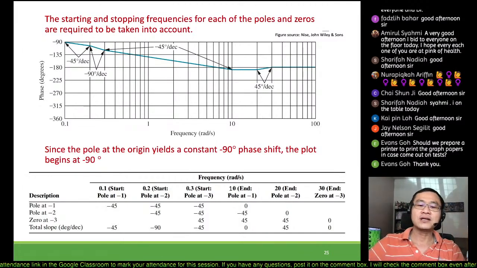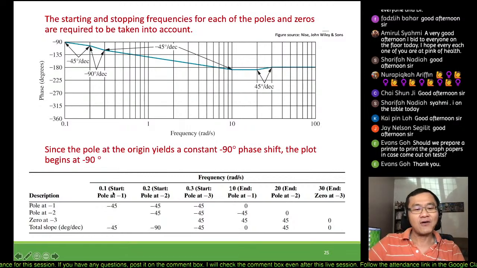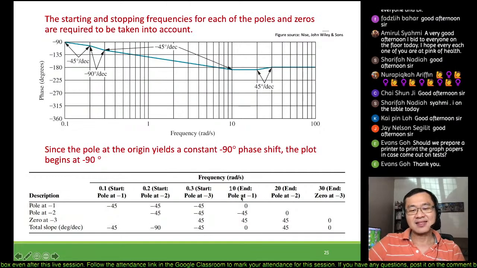Therefore in that case you have to get a decade before. The pole at 1, a decade before is 0.1, and then a decade after is 10.